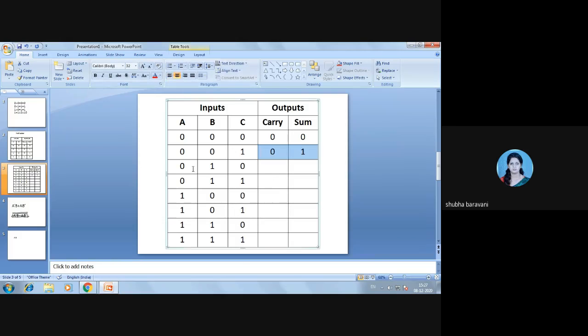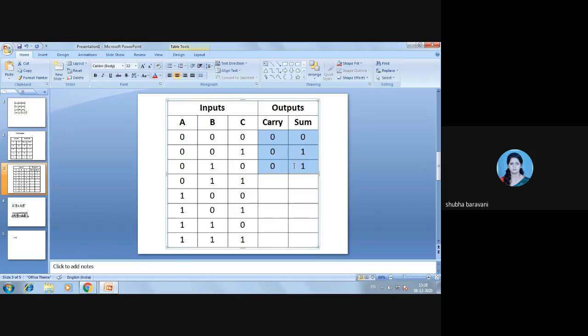Now, third case, 0 plus 1 gives you 1. 1 plus 0 also gives you 1. So I'll retain this. Any issues up till here? Understood, ma'am. Okay.